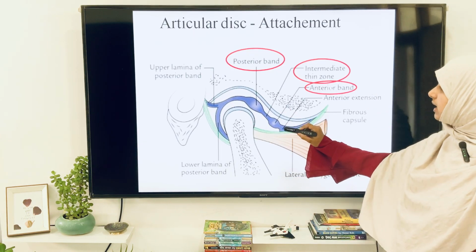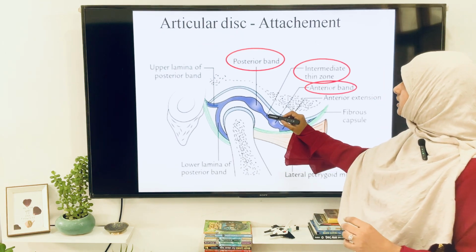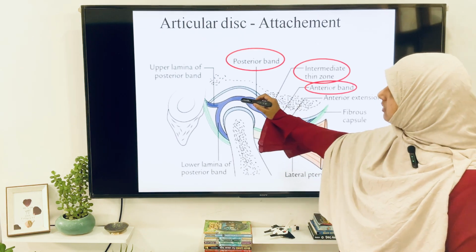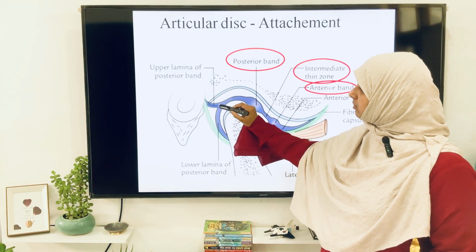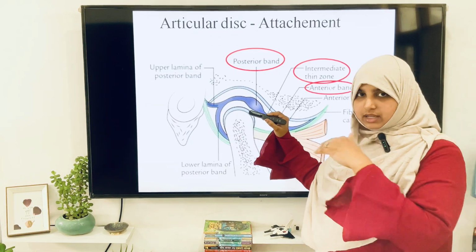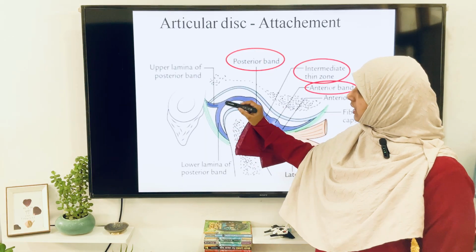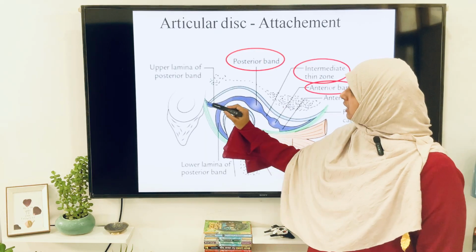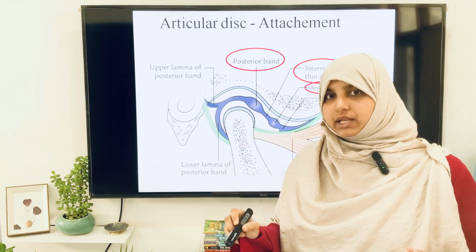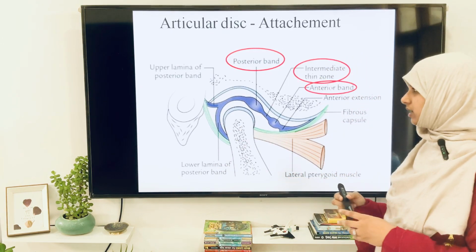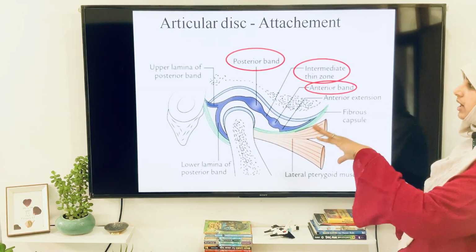Number one, this is the anterior extension or anterior segment, we can call. This is the intermediate thin zone, and this is called the posterior region, which is going to be split into two lamina, the upper lamina and the lower lamina. In between these two lamina we are going to have something called the venous plexus, lodged inside it. That's why we have that splitting of the posterior region of the articular disc.